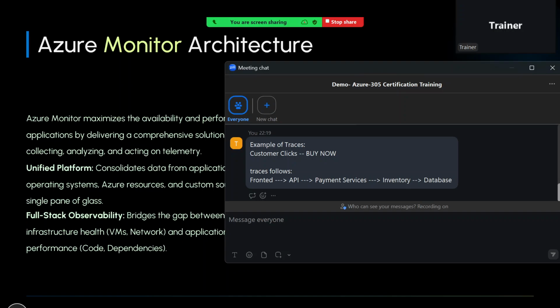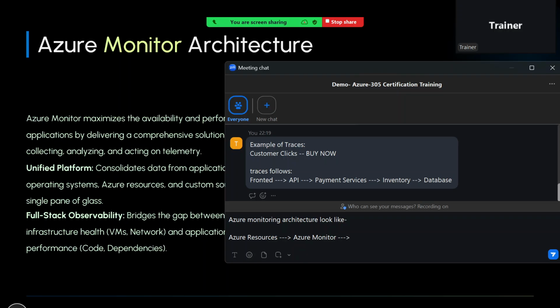And what is the Azure monitoring architecture? Azure uses a centralized monitoring platform, and its architecture looks like this. To start with, the Azure resource, then it goes to Azure Monitor.